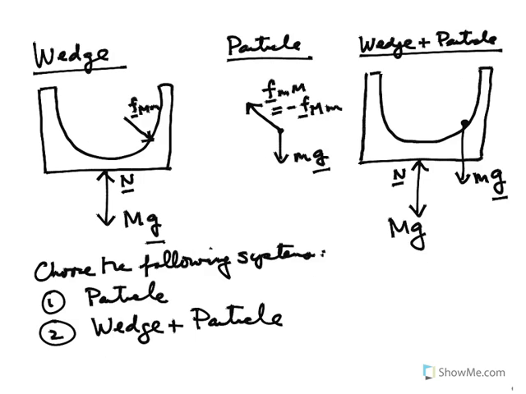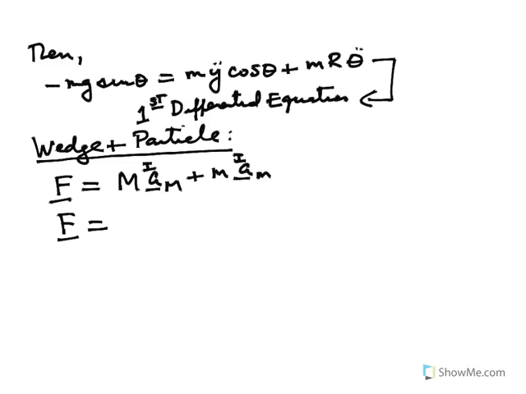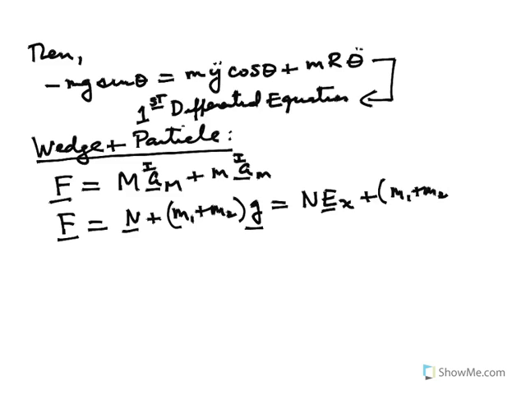Let's look at the free body diagram. So the free body diagram says it's N plus (M1 plus M2) times g, which is equal to N e_x plus (M1 plus M2) g e_x, where I note that, again, we don't know whether N is positive or negative, so I'm just going to put it in the positive direction.